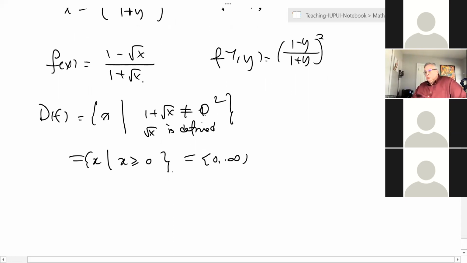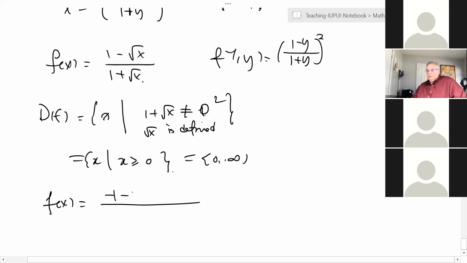To find the range, it's not easy. The way I try to get it is using this identity.